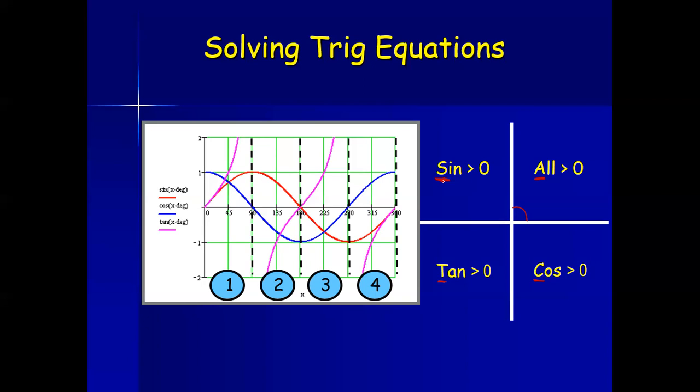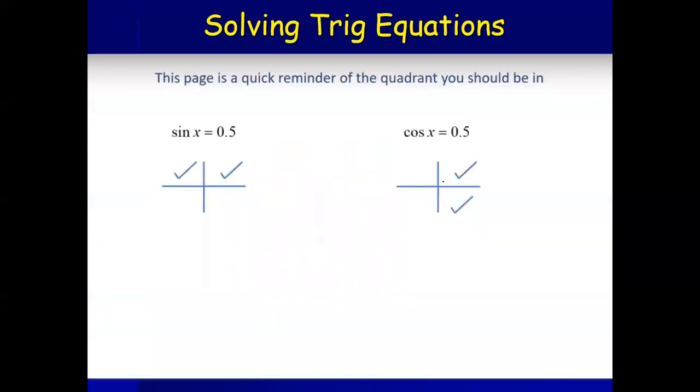So now that we know where all the signals lie, what we said was, if I'm given sine x equal a half, for example, 0.5, because I've got CAST in my head, I know that C is here, A, S, and T, yeah?